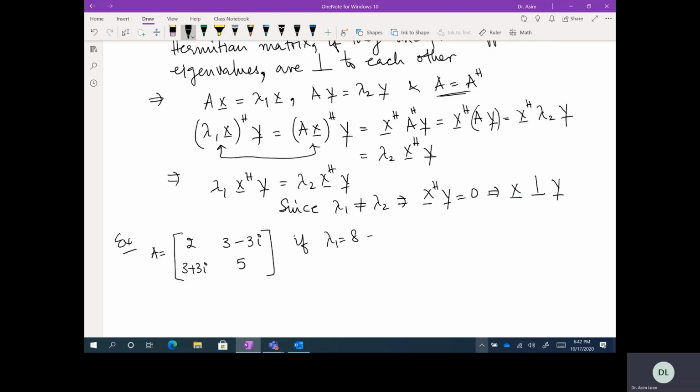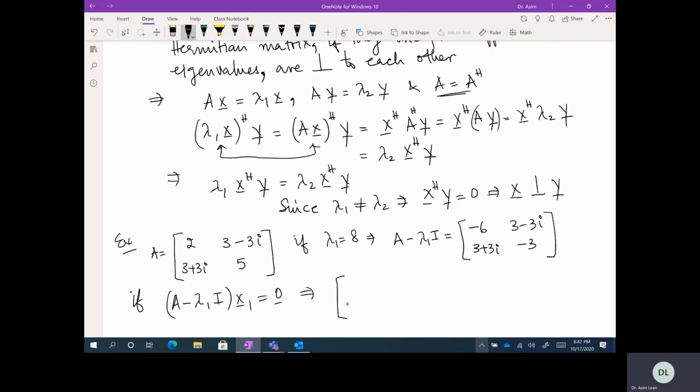So if lambda 1 is equal to 8, this implies A minus lambda 1 I equals [2 minus 8 is minus 6, 3 minus 3i; 3 plus 3i, and 5 minus 8 is minus 3].